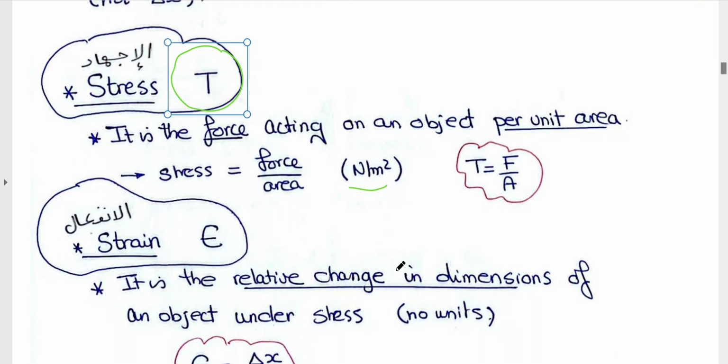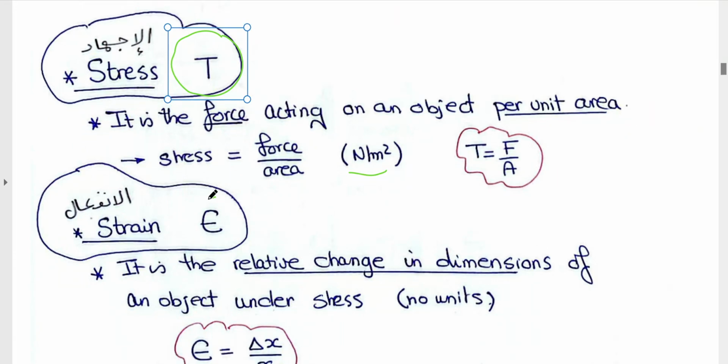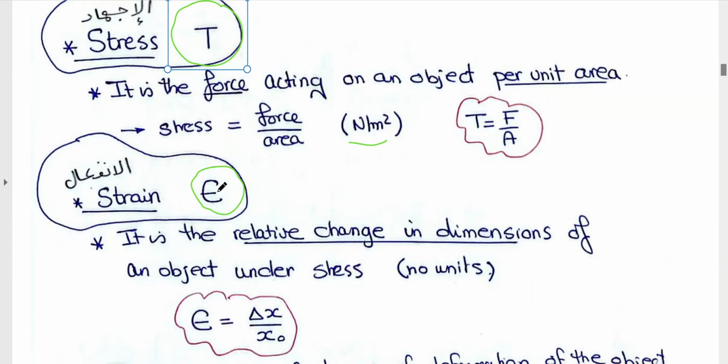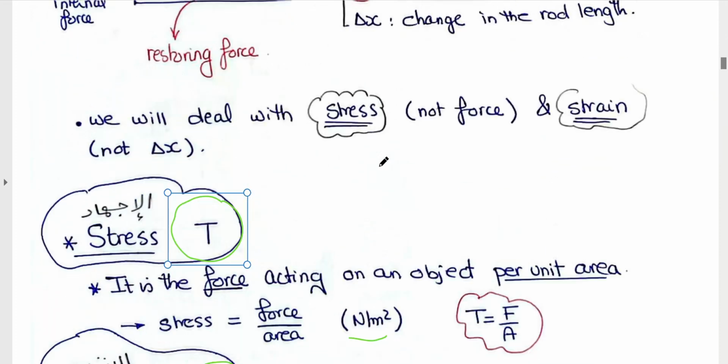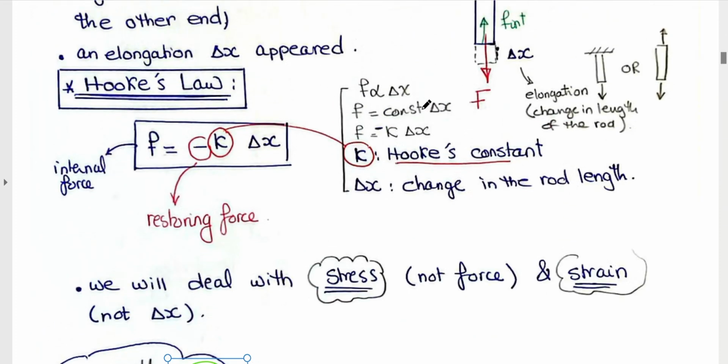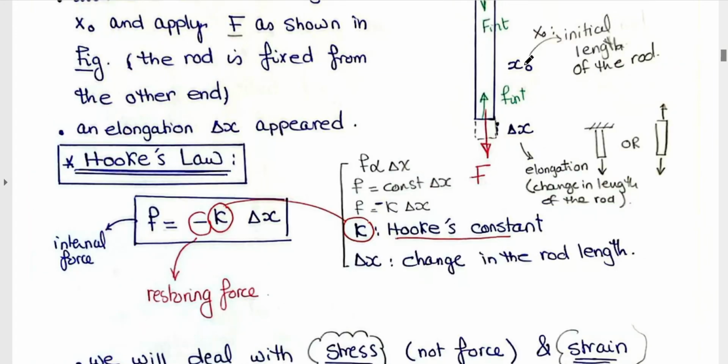We will study the strain. The strain symbol is epsilon. Epsilon is the symbol of strain, and its definition is the relative change in the dimensions of the object, which in our case is not delta x, it's delta x related to x naught.